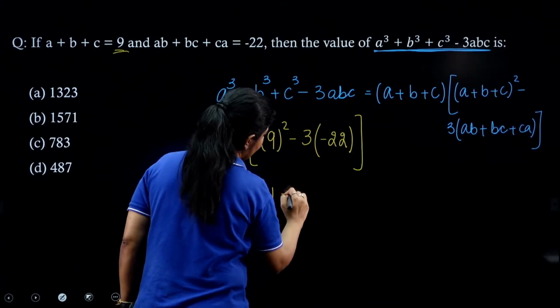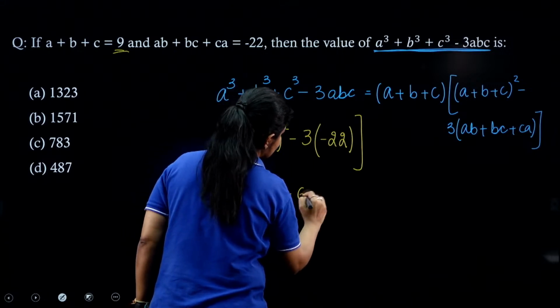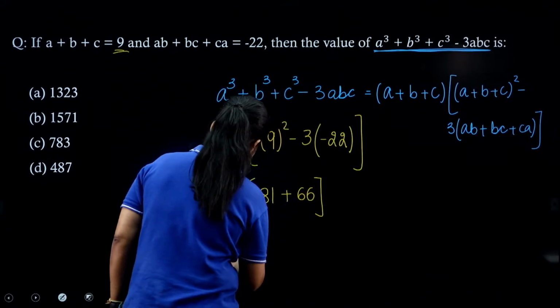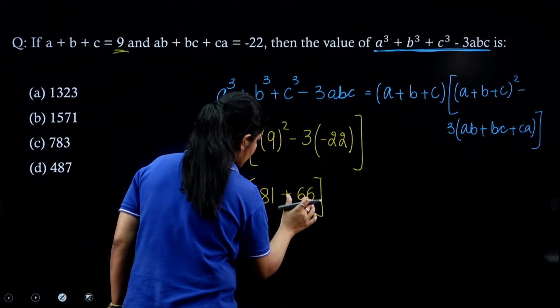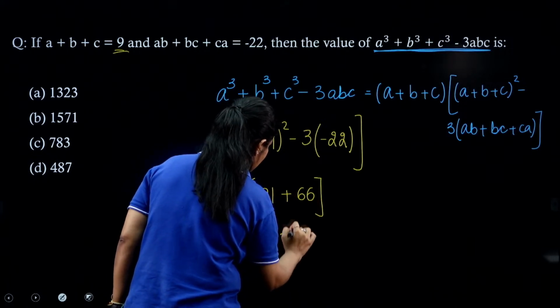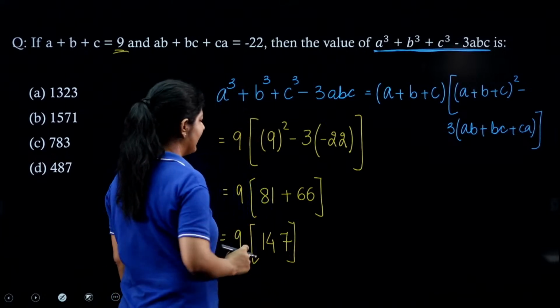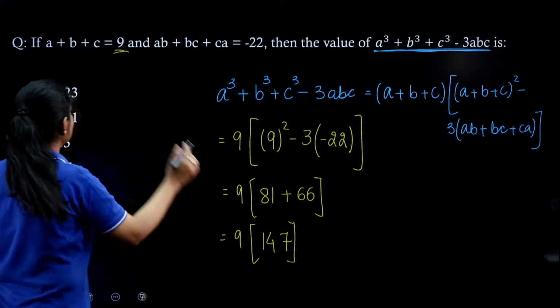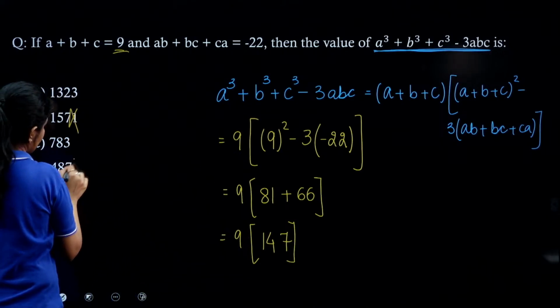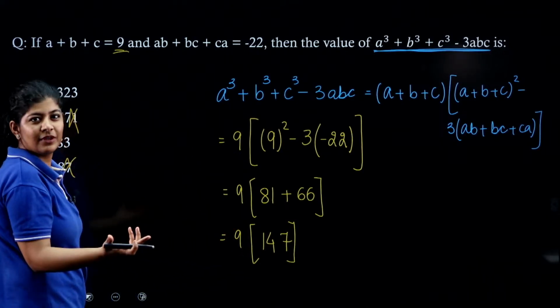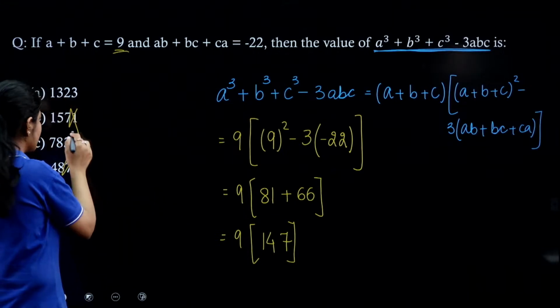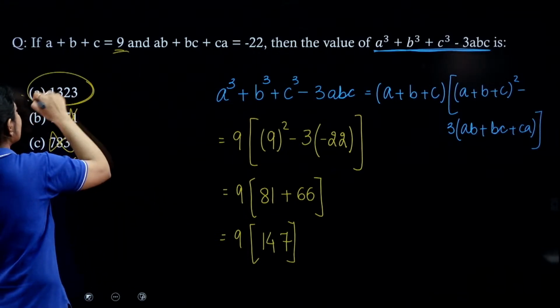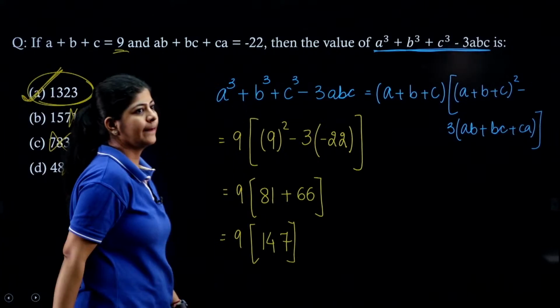Here it will become addition and here it is 66, and 9 into what we are having, 7 and 147. If we multiply it, we will get 3 at the unit place. 9 into 7, that is 63. So 3. And if we multiply this, then we know that we will definitely get a 4-digit number. So this option is also eliminated and the correct answer over here is your option number A.